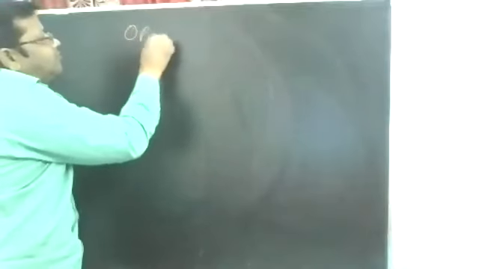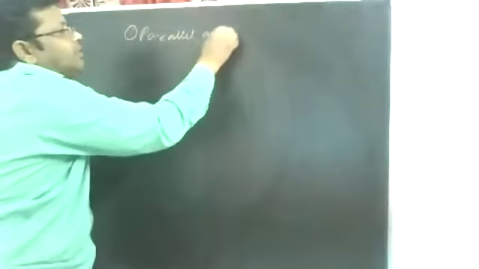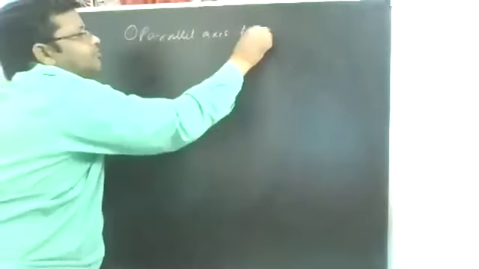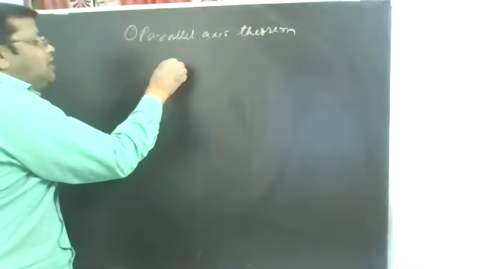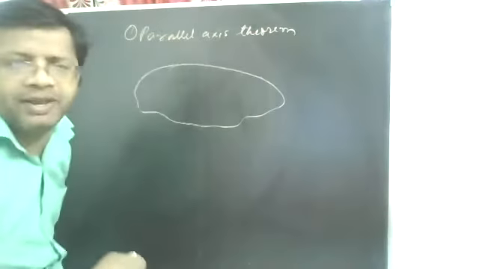Now, what are the two theorems? The first one is the parallel axis theorem. See here, this is any geometrical body, for example, a lamina. Lamina means plate.